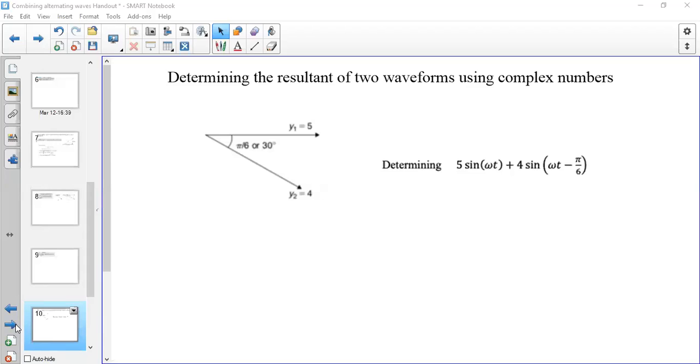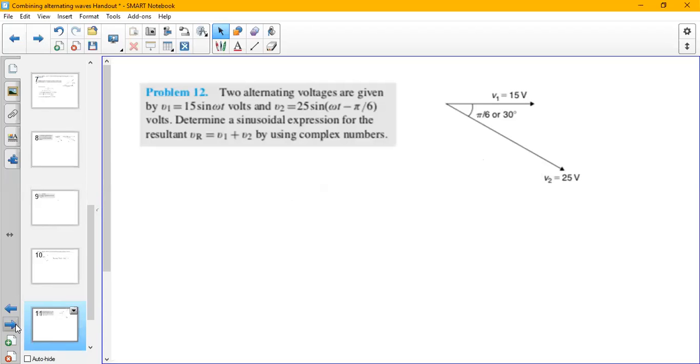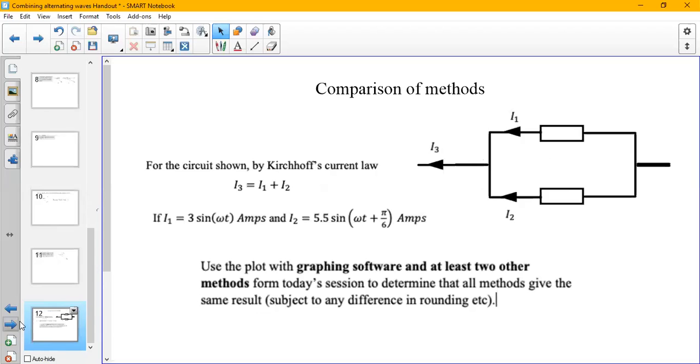Right. So there's another problem there you can have a go at using complex numbers. And when I put the notes up, I'll put the solution to these ones in as well. Then what I was going to get you to do, because I didn't know how long we were going to take today, is have a look at comparison of methods.